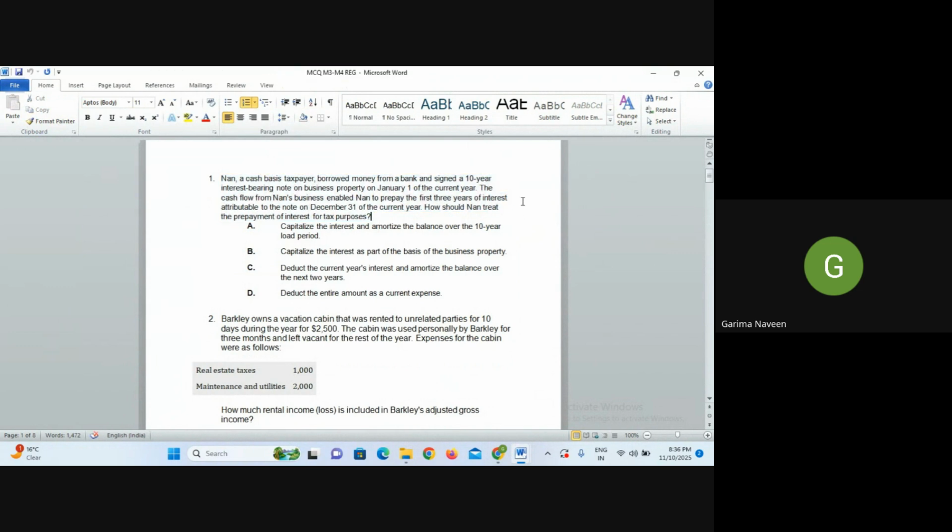So if you have some prepaid interest, what should be the adjustment for tax purposes? What should be the right answer?